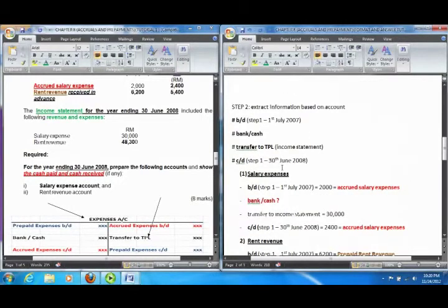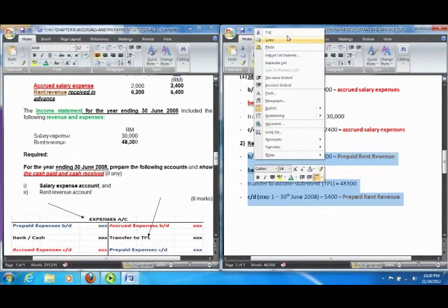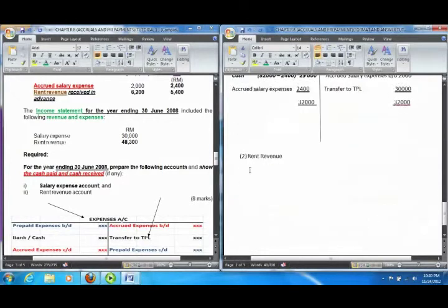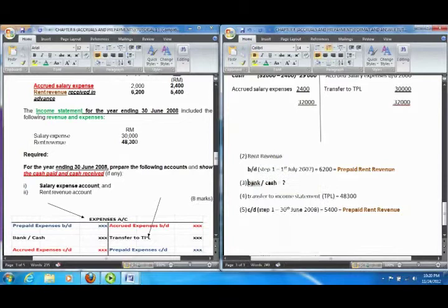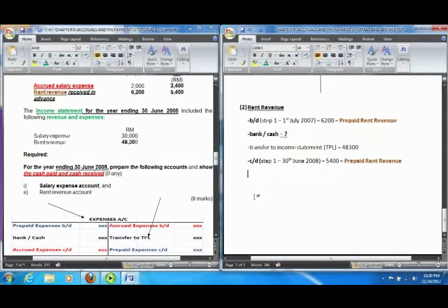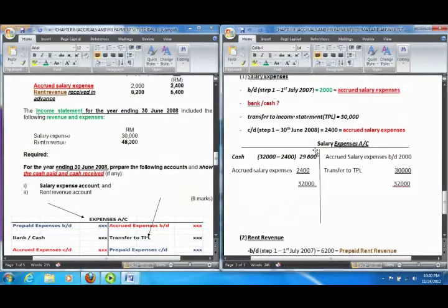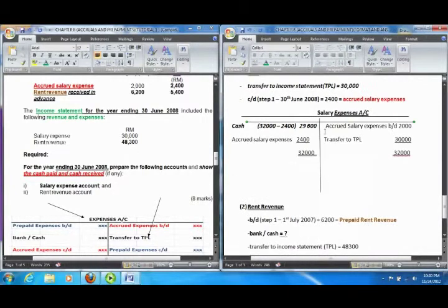Step 2, you got all your information. We try to copy this information to make it easy for you to understand the whole story for rent revenue. Okay, this is information on what, class? Rent revenue. Alright, class. Do the same thing. You need to open an account.